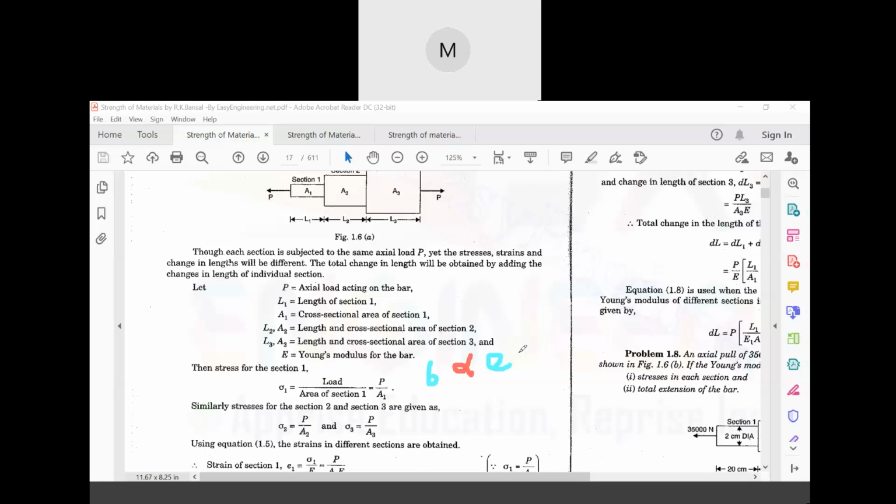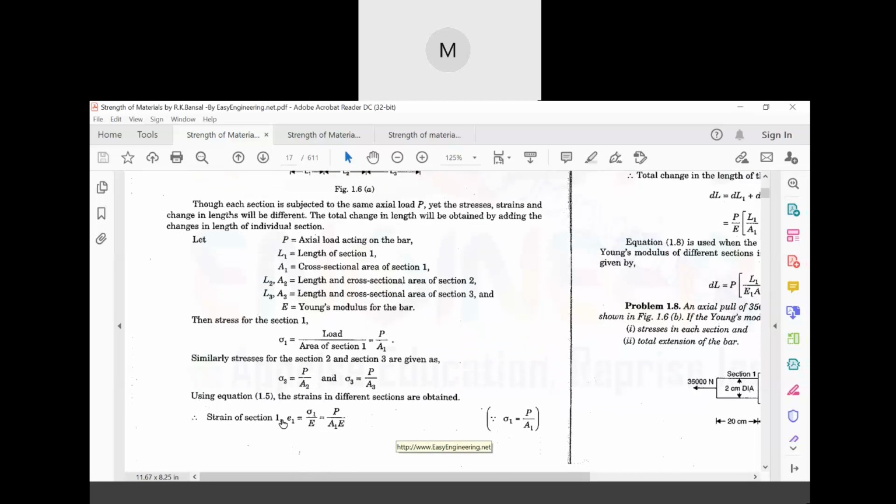Yes or no? Good, very good. Then we have that constant, so you can put an equal sign, then we get E equal to sigma by small e. That means stress divided by strain is Young's modulus. So we can write it like this: e1 equal to sigma 1 by E, because sigma 1 by e1 equals E. You can write like this. Yes or no?